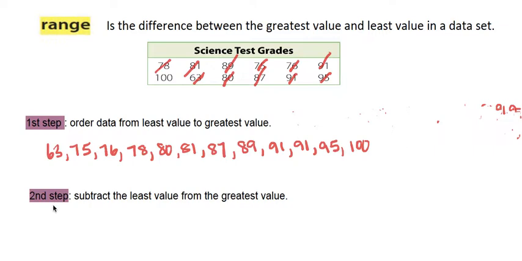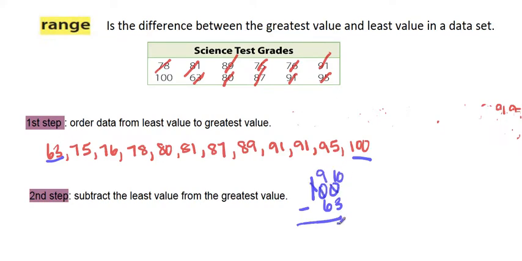My second and final step is I'm going to subtract the least value from the greatest value. So it's easy to tell now that 63 is my least value and 100 is my greatest. So to find the range, all I have to do is take my greatest and subtract my least.